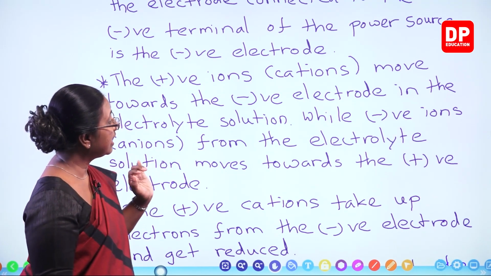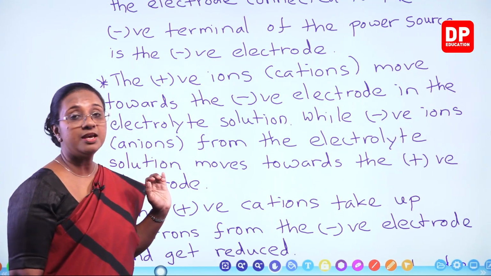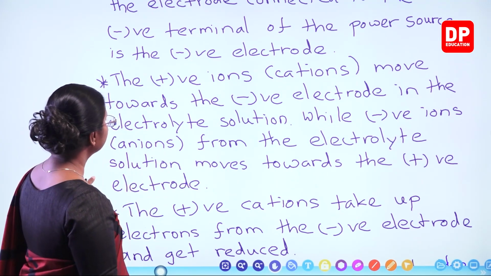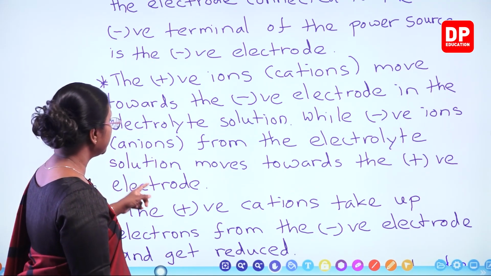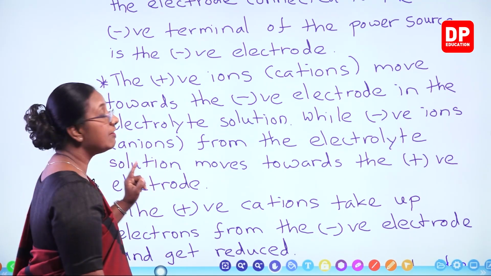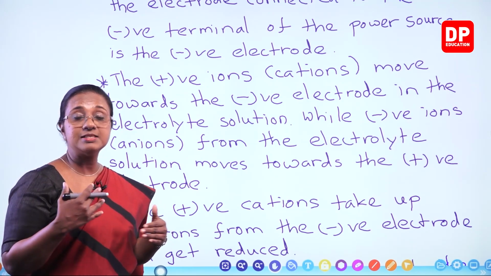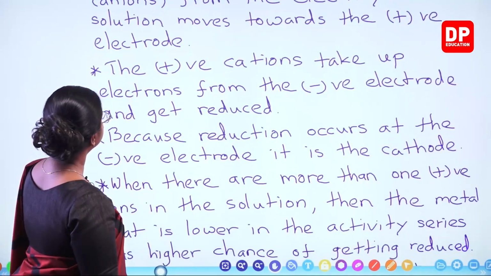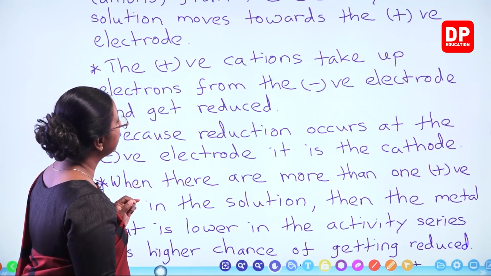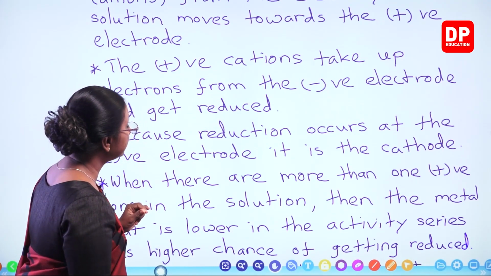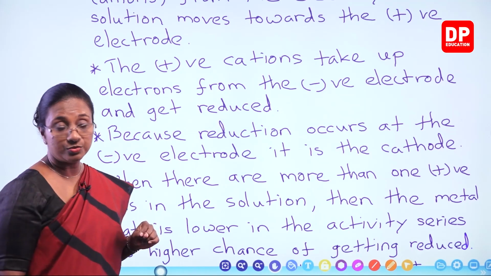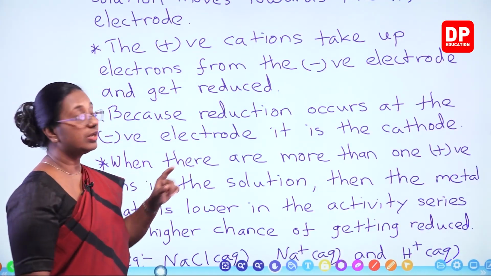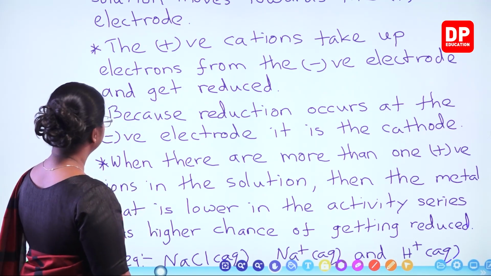You can say in the electrolyte solution, or you can say from the electrolyte solution. While negative ions from the electrolyte solution move towards the positive electrode. So opposite charges attract. Then the positive cations take up electrons from the negative electrode and get reduced. Because reduction occurs at the negative electrode, it is the cathode.